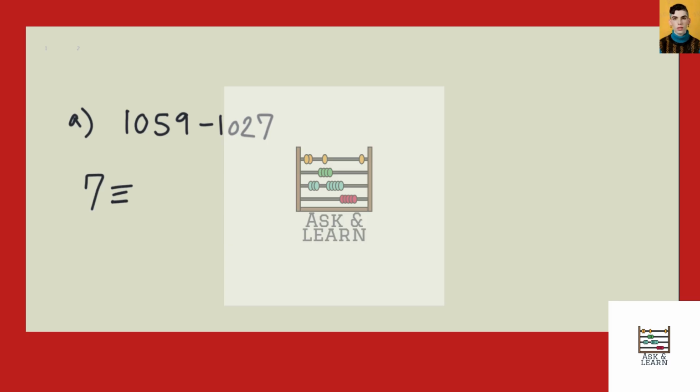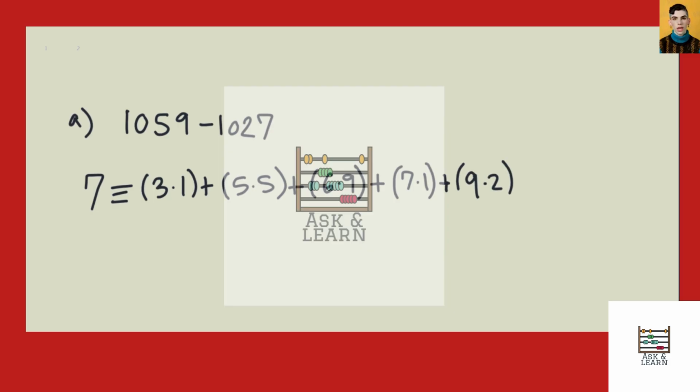We want to see if that's congruent to what's going to be 3 times 1 plus 4 times 0, which is 0, plus 5 times 5, plus 6 times 9, plus 7 times 1, plus 8 times 0, plus 9 times 2. This whole thing mod 11.